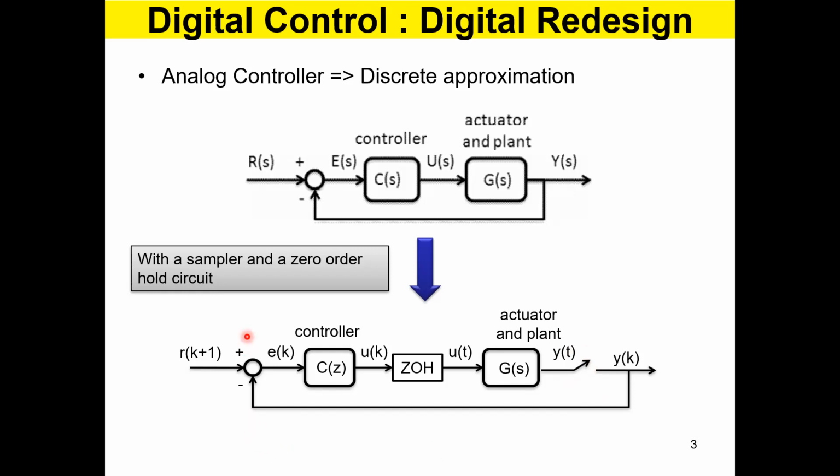The second thing is that the input here is RS. But now, because you're operating a discrete controller, we call it RK plus 1, RK plus 2, RK plus 3, RK plus 4, like that. It's not a continuous value.